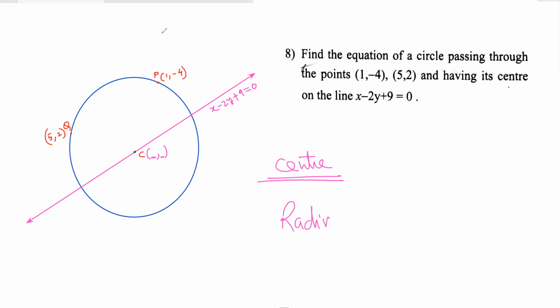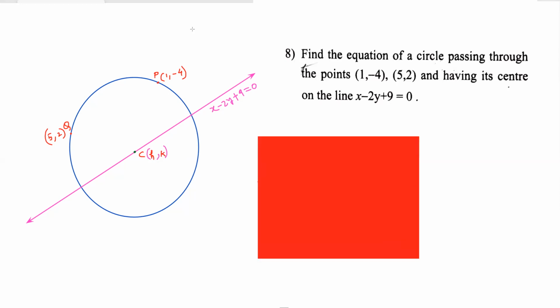So I will start solving this. Let me first write the coordinates of the center. Since I have to find it, I will assume it as h comma k. So I will write, let the coordinates of the center be h comma k.